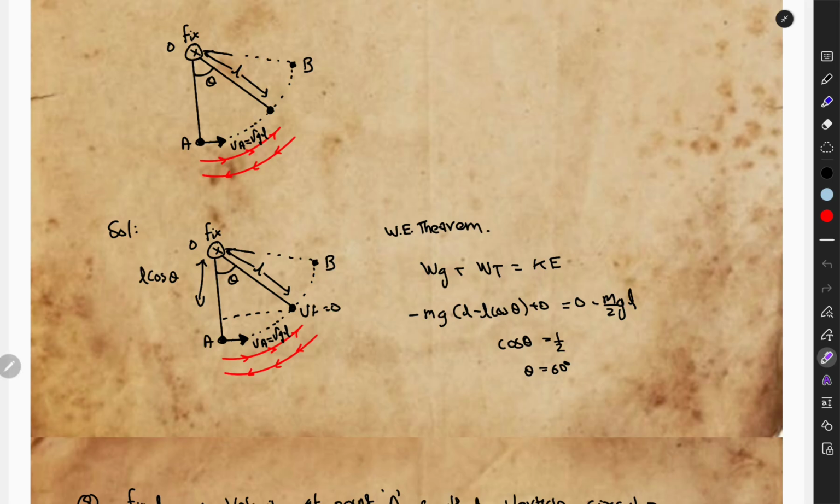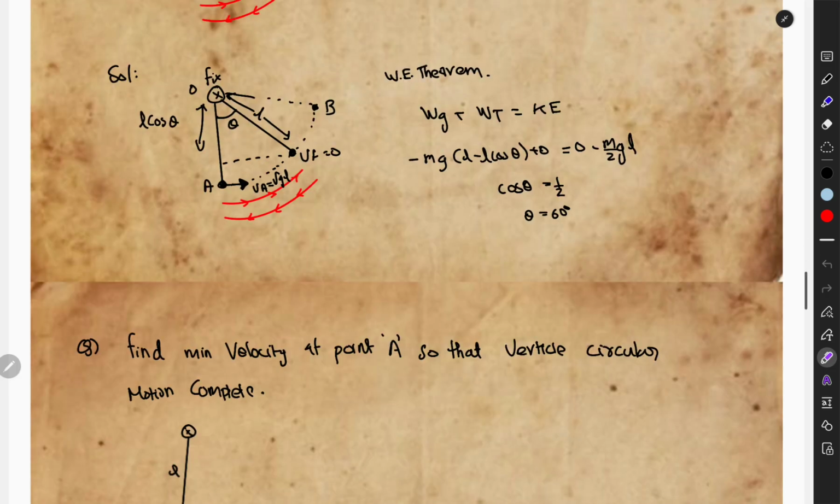Fine. So m will get cancelled, g will get cancelled, and when we take l common outside, l will cancel, and then cos theta will be equal to 1 by 2 and theta will be equal to 60 degrees, which means the maximum deflection will be 60 degrees when the particle is given the velocity root under gl. It can go up to this point where theta is equal to 60 degrees.